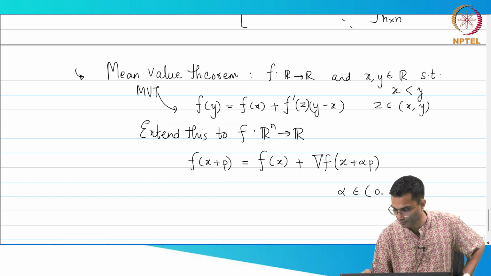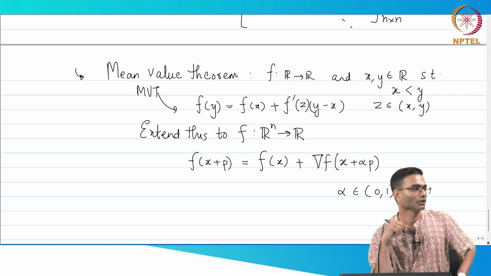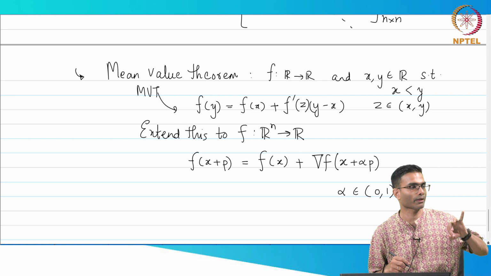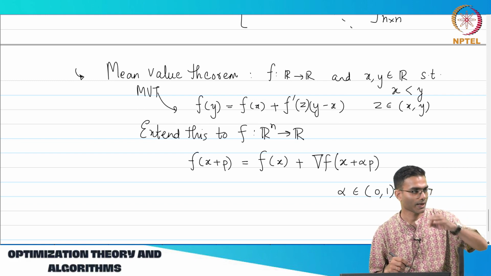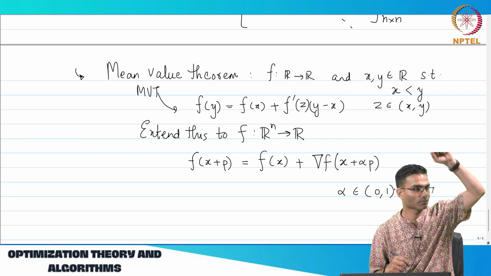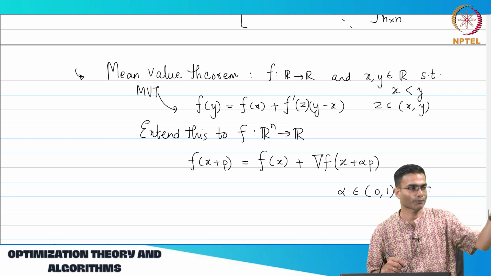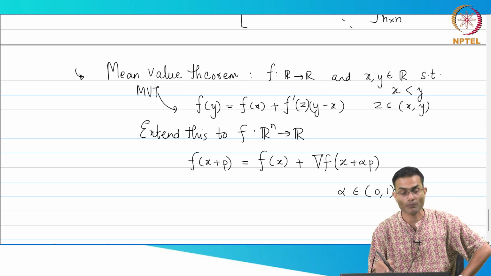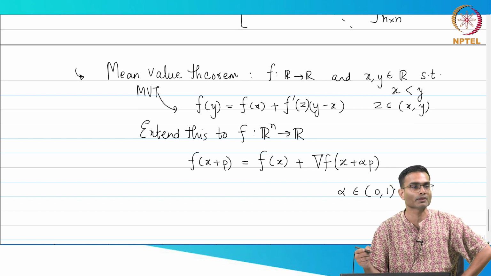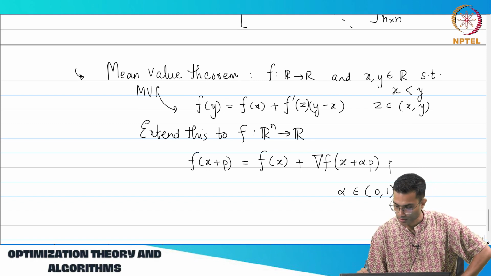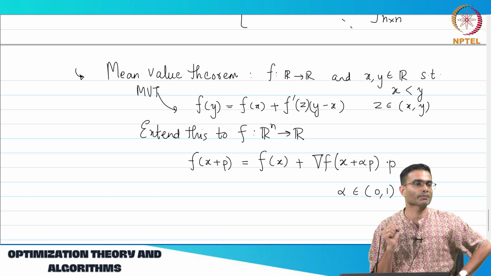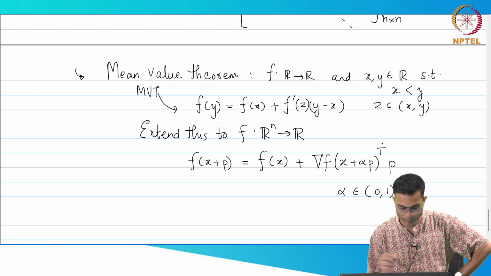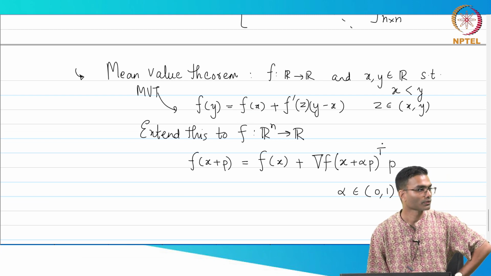If I say alpha lives in 0 comma 1, then as it tends to 0 I am at x, and as it tends to 1 I am at x plus p. So I am going from starting point to ending point. What should I multiply it by? I had y minus x. In this case, y minus x would be p. This is nearly done. There is one missing bit. There has to be a transpose for it to be a legal multiplication.